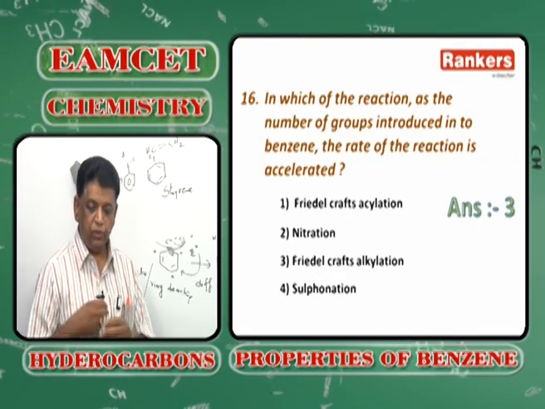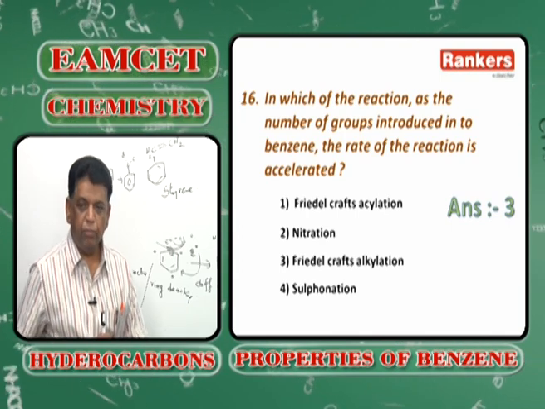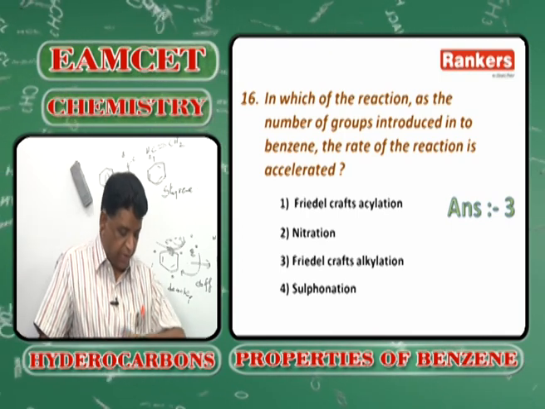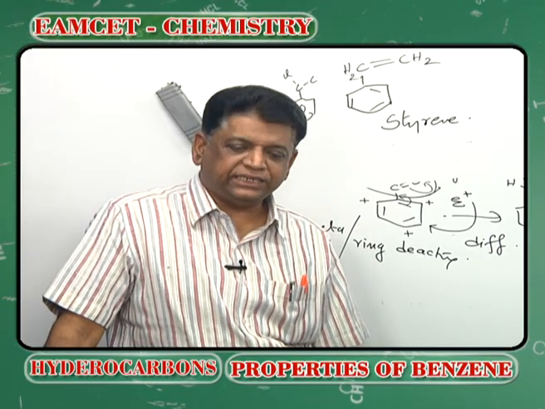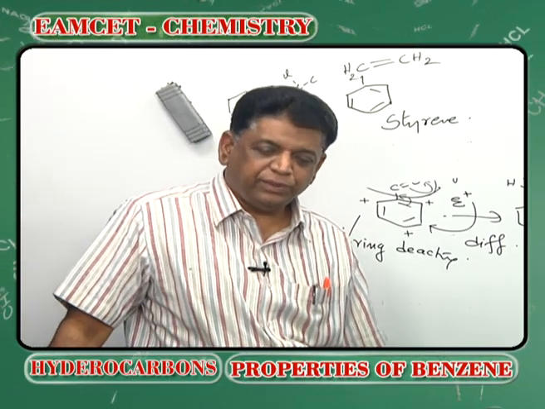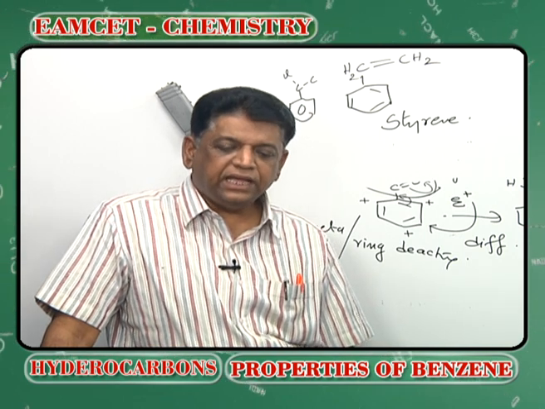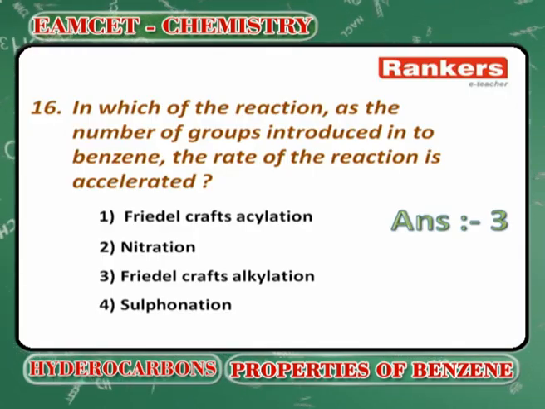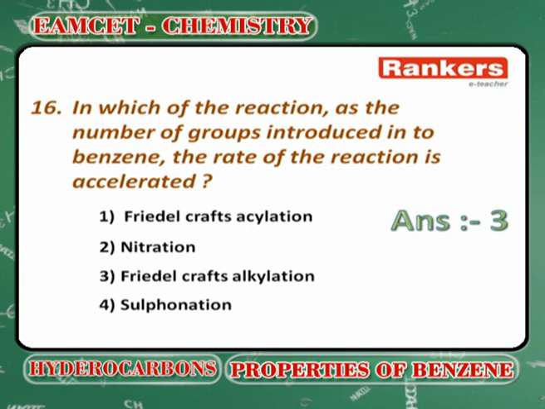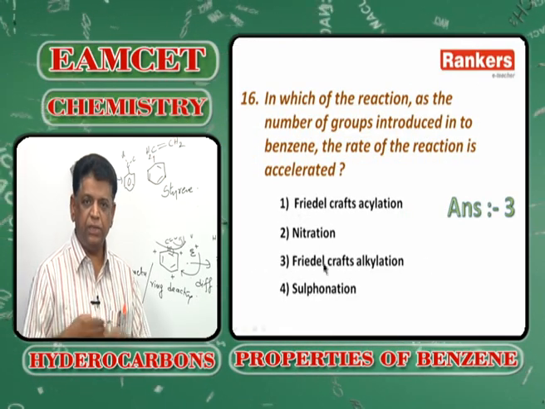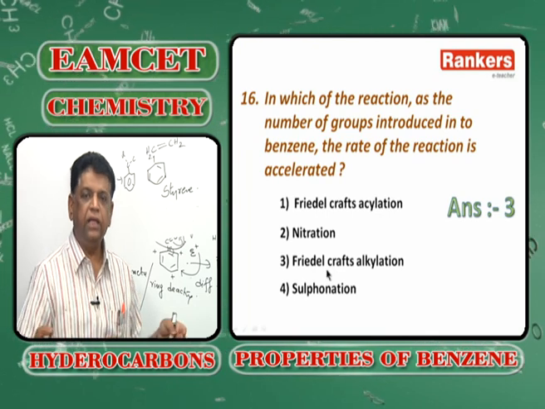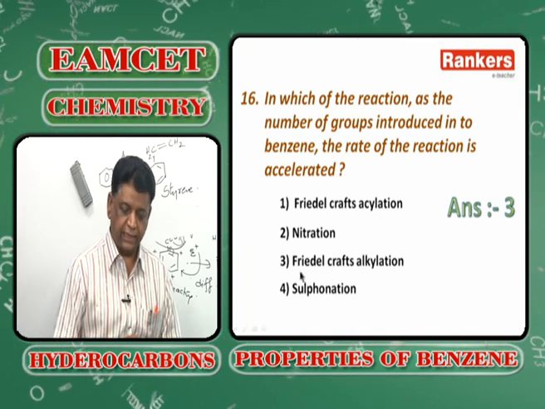When you are introducing a third alkyl, the reaction will become much faster. As the Friedel-Crafts alkylation goes on, the alkyl groups introduced into the ring will promote the reaction, that is called acceleration. Acceleration means the speed goes on increasing.